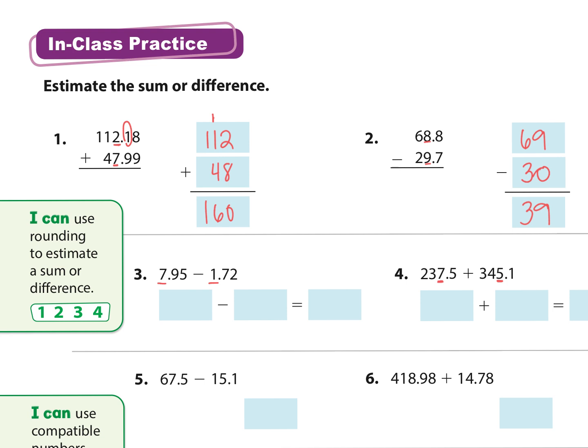On number 5, y'all are going to round to, I think I'm going to have you round, well, I'll just let you choose. I'll let you choose on 5 and 6. Okay? All right, go ahead and work these with your table. Take about 2 minutes, and then we'll check.